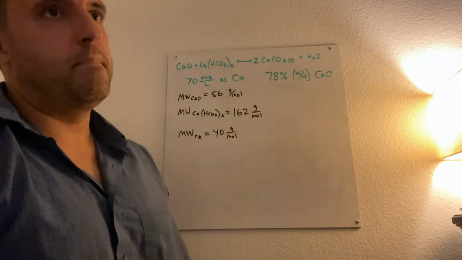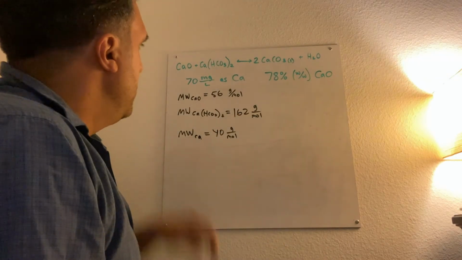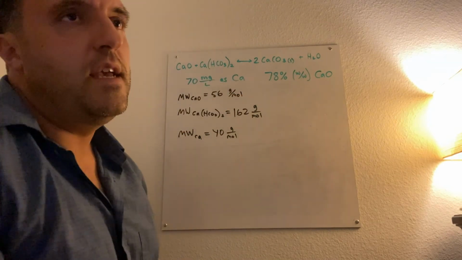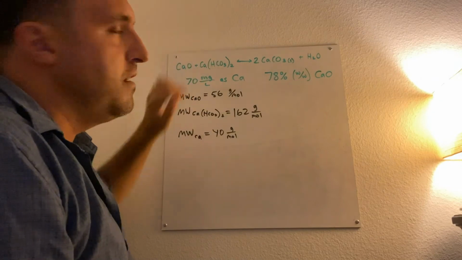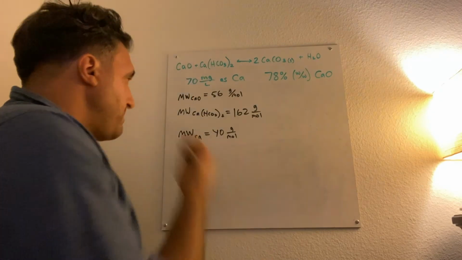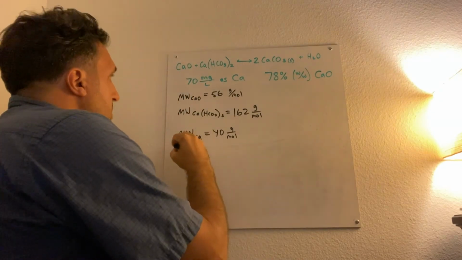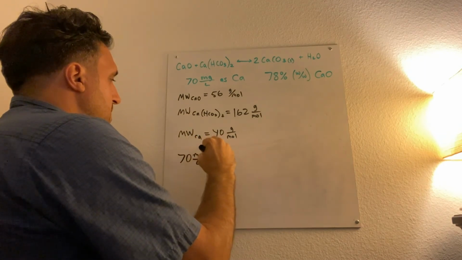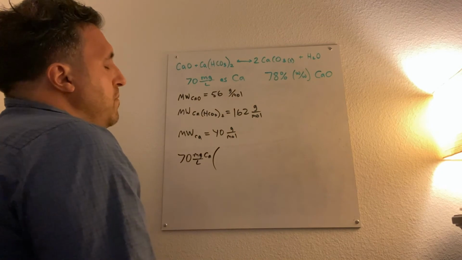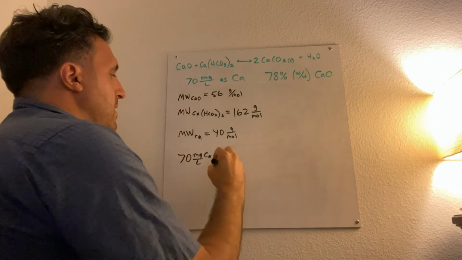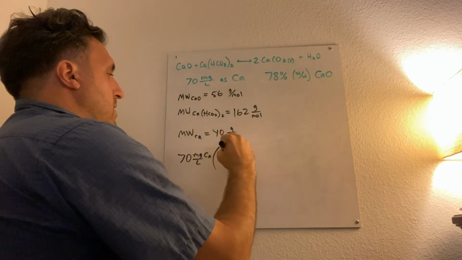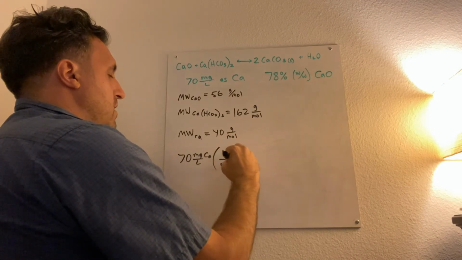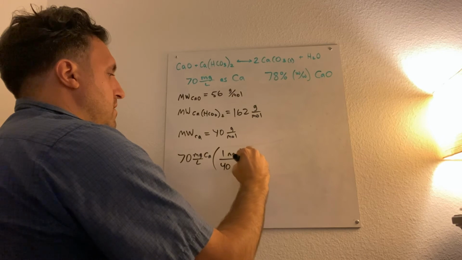Therefore, the first step is to convert this mass concentration as calcium into a molar concentration of calcium bicarbonate. To do that, we take 70 milligrams per liter of calcium, multiply that by 1 millimole divided by 40 milligrams calcium.